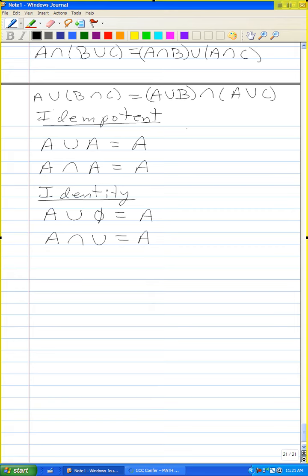You also have the inverse, but usually these are the complement rules. Back when we did these in the first day of class, we called these the inverse properties. So A union the complement is the universe.